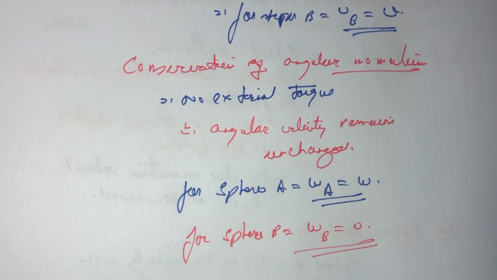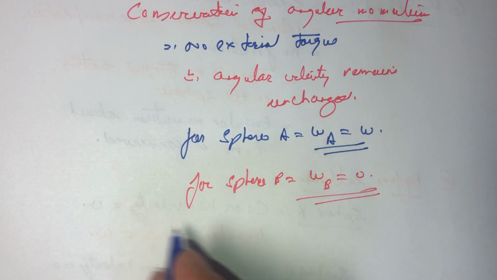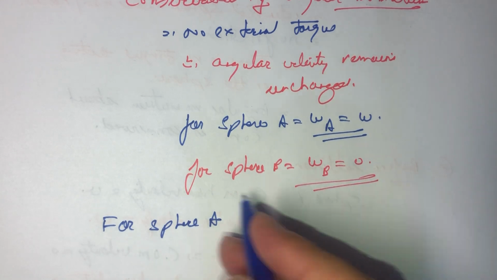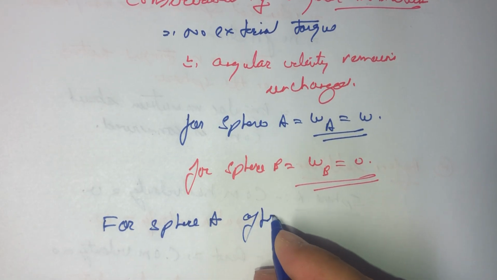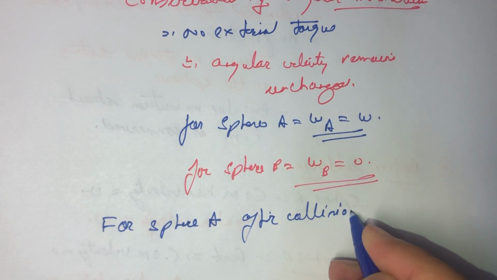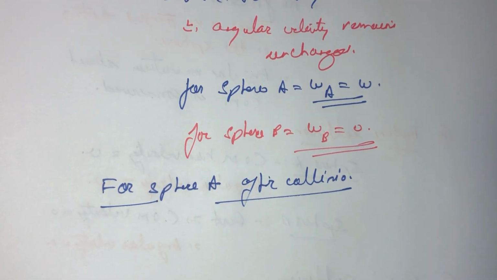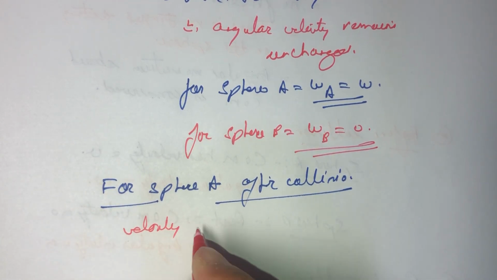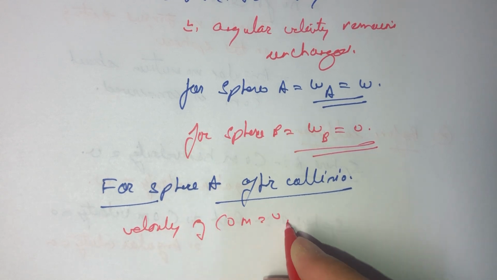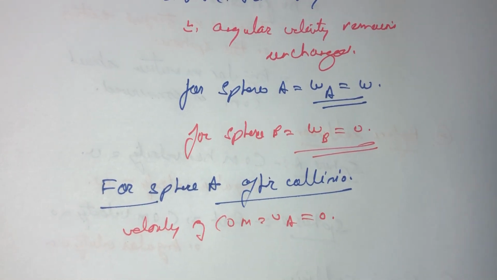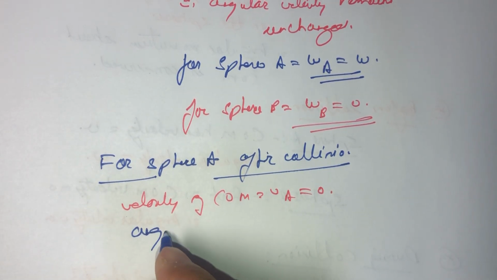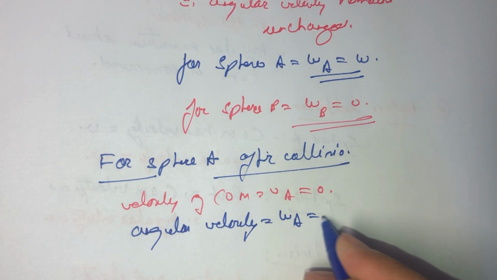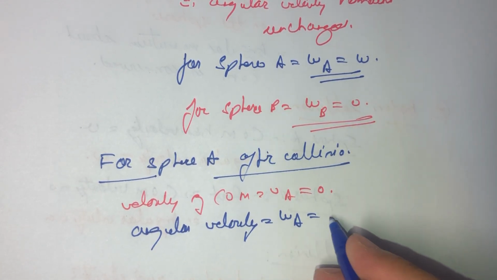So in conclusion, for sphere A after collision, the velocity of center of mass VA will be equal to 0, and the angular velocity omega A will be equal to the initial angular velocity, omega.